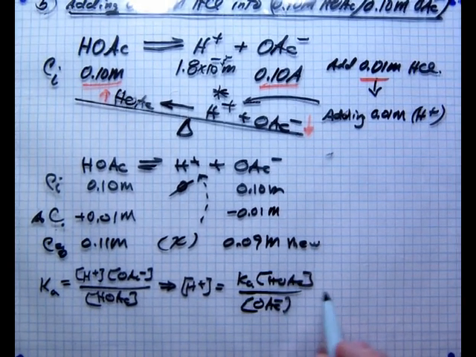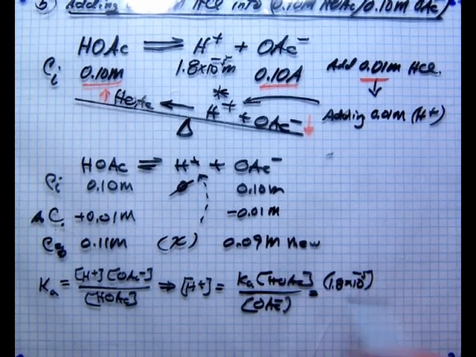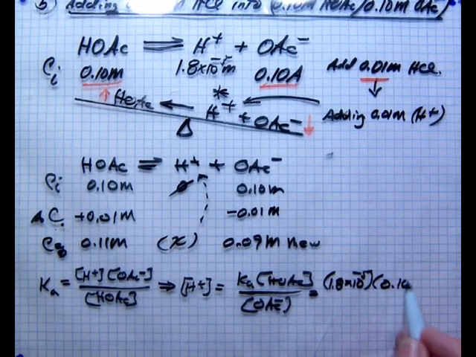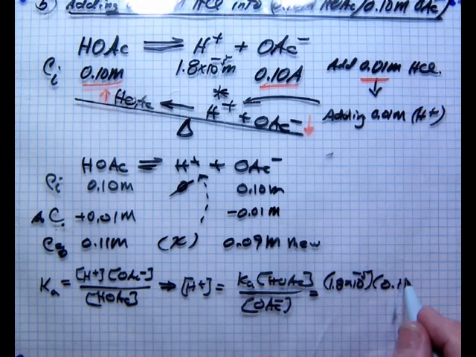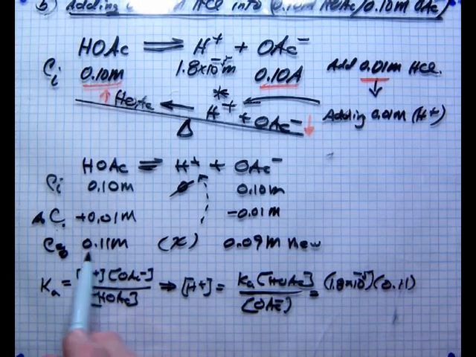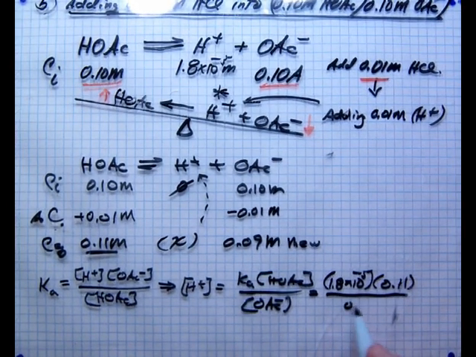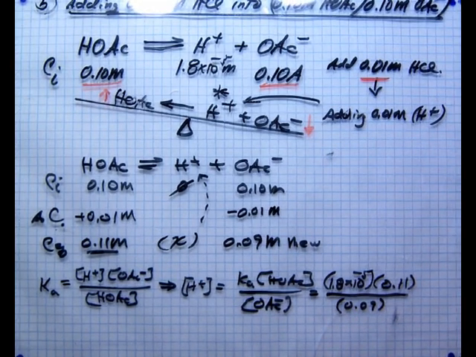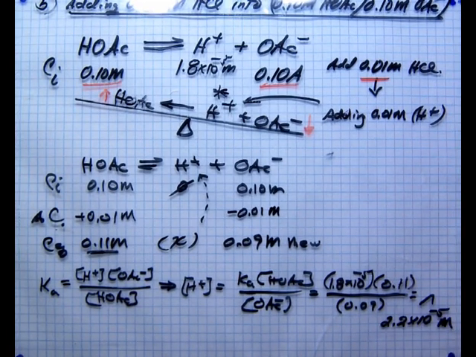That's 1.8 times 10 to the minus 5 times 0.11 molar, that's our new molarity here, over 0.09 molar now in the base. So our new hydronium ion concentration is 2.2 times 10 to the minus 5.